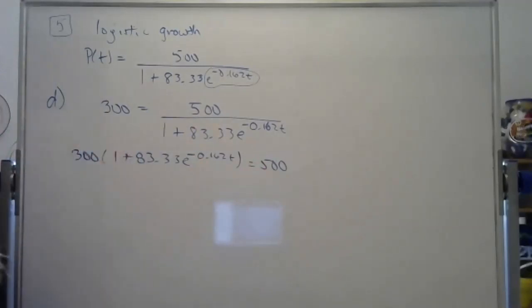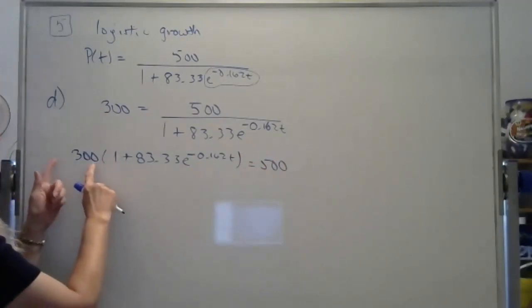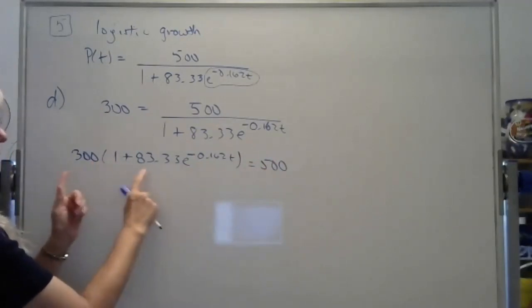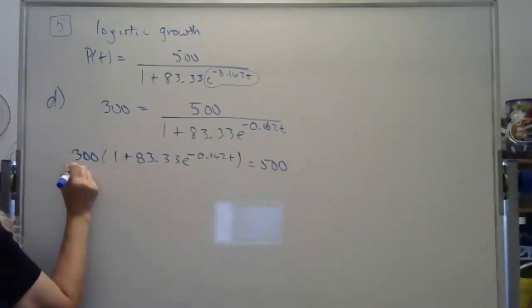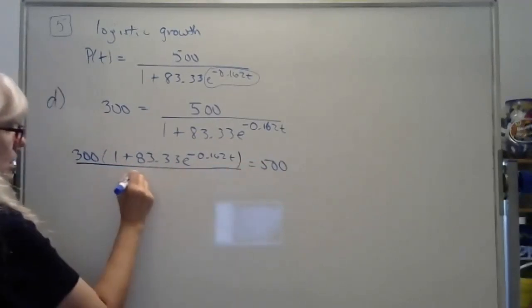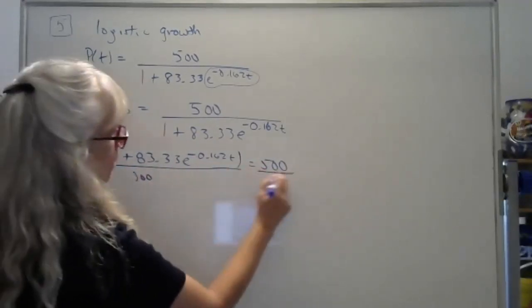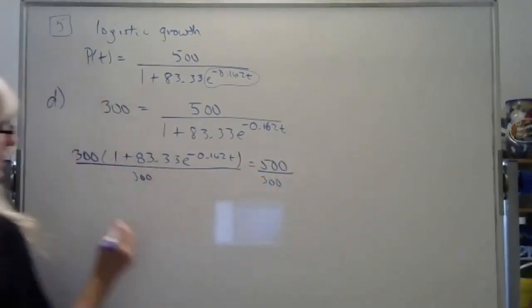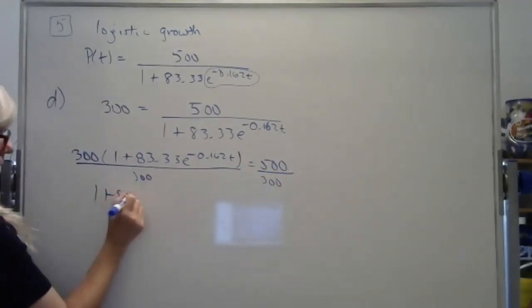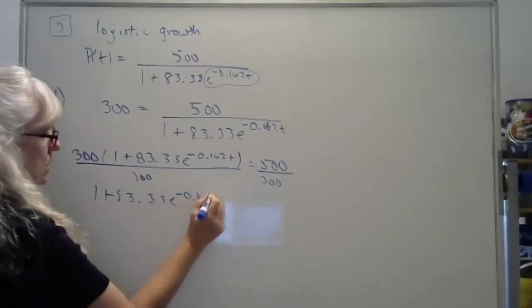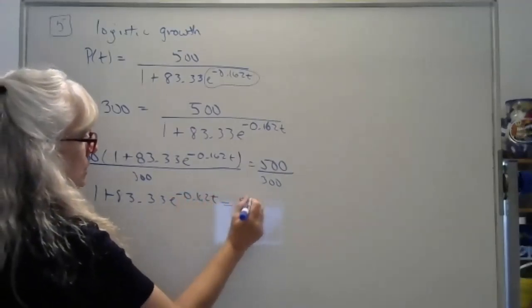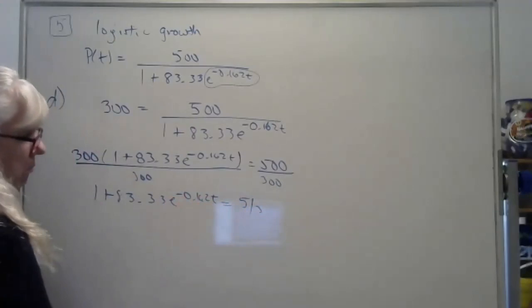Put the 300 over 1. You have a choice here. I tend not to like to distribute this 300 because it gives me a really ugly decimal. So what I'm going to do instead is divide both sides by 300. So then I have 1 plus 83.33 e to the negative 0.162 t equals 5/3.